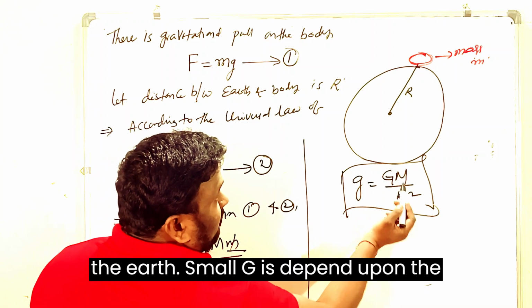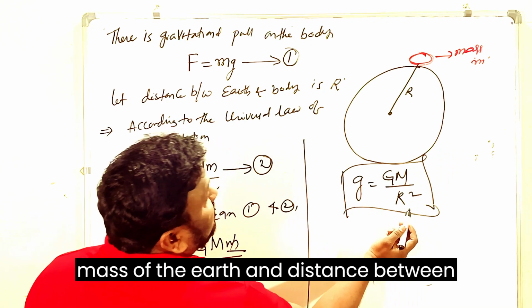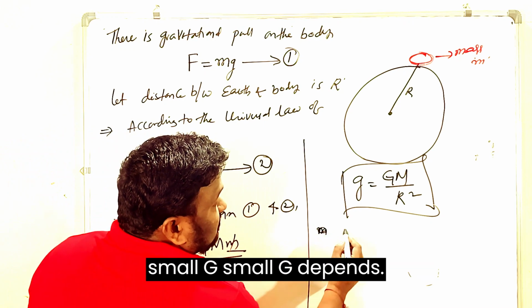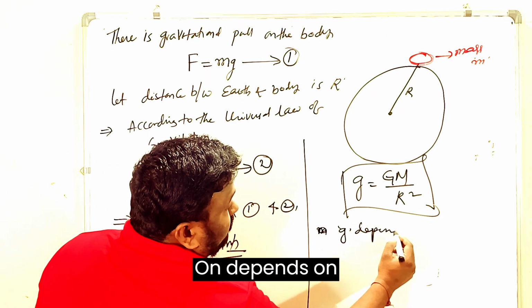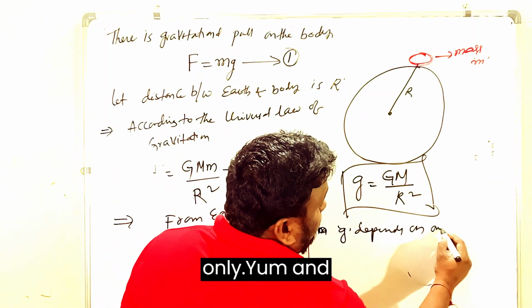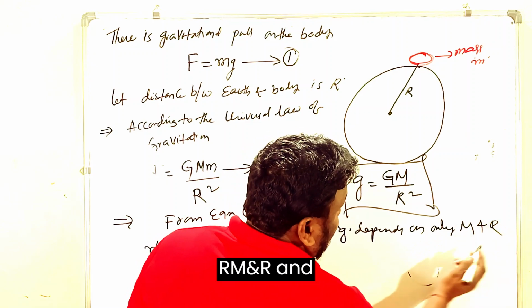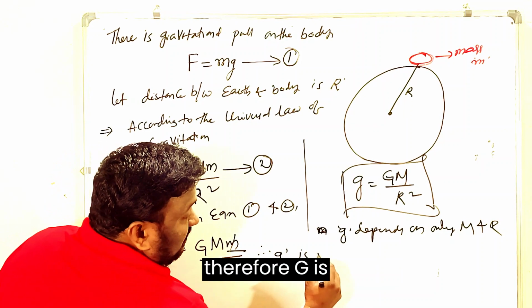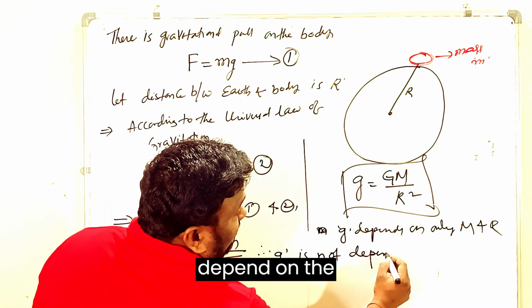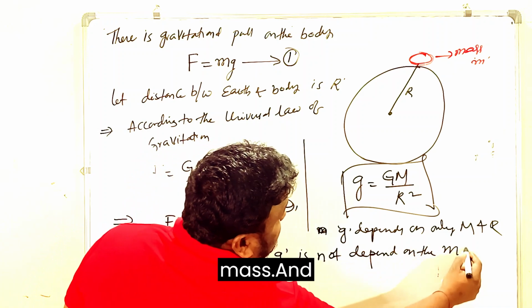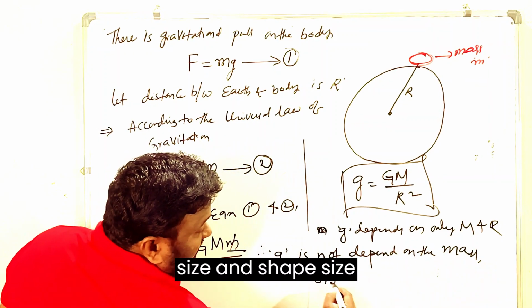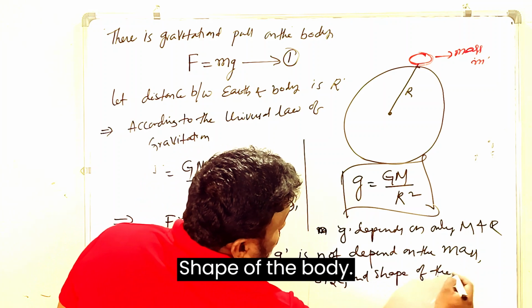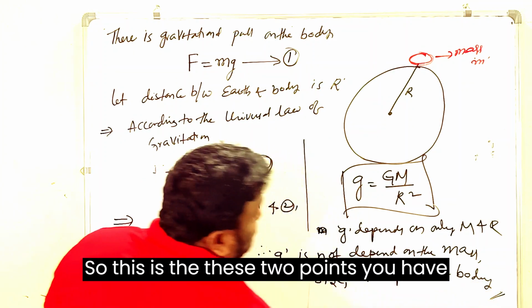So small g depends only on M and R. Therefore, g does not depend on the mass, size and shape of the body. These are the two points we have to remember.